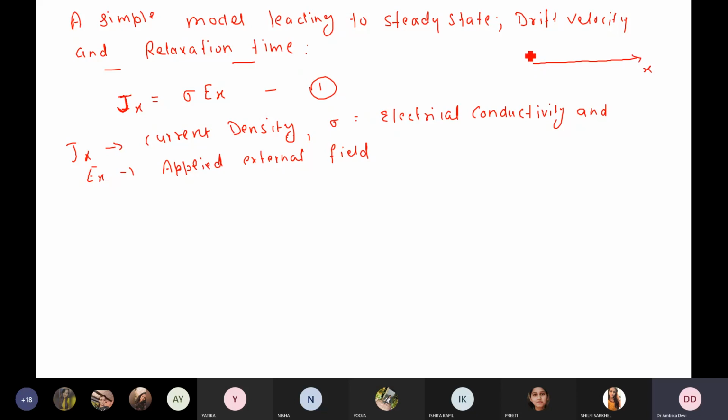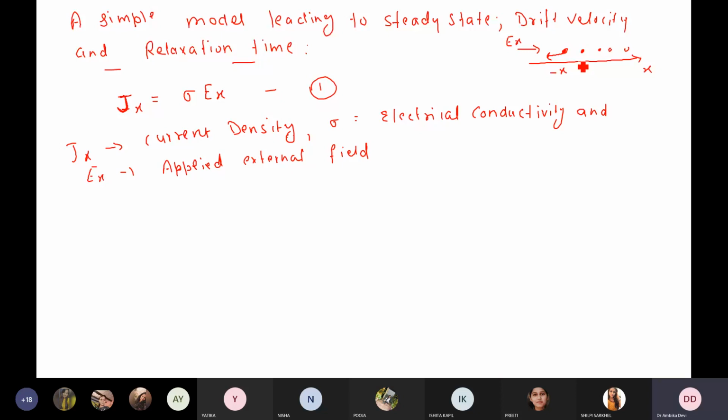When you apply the electric field in the x direction, the free electrons which are roaming around in the system will feel an external force, so they will start drifting, moving in a direction opposite to the applied electric field. So they will drift along the negative x direction.